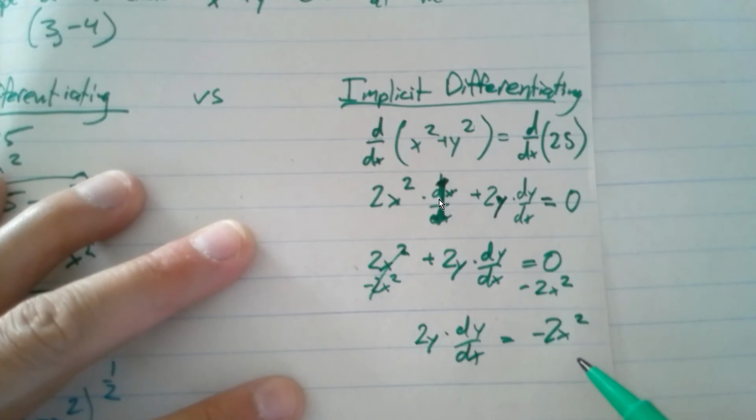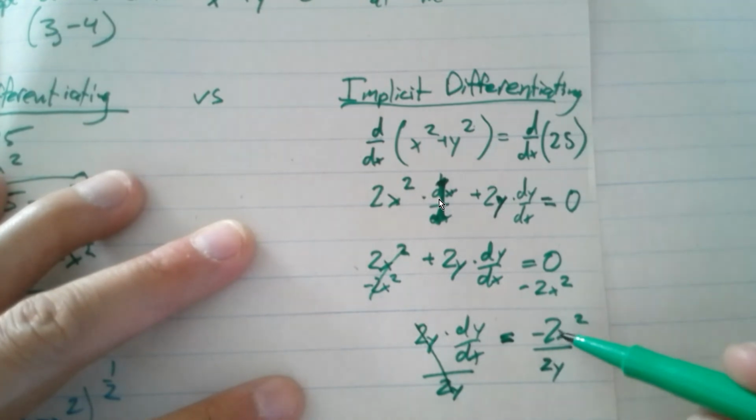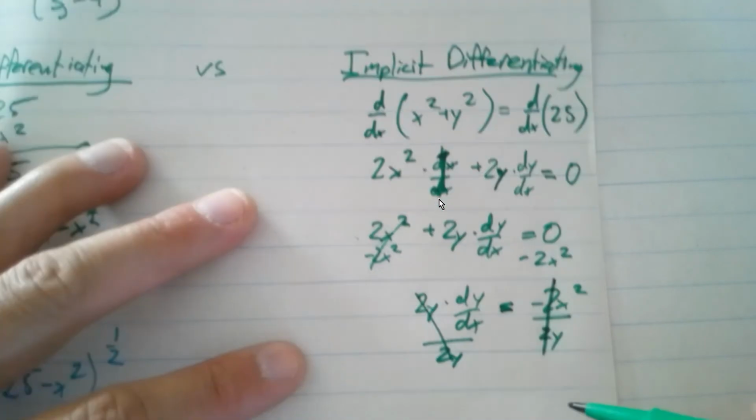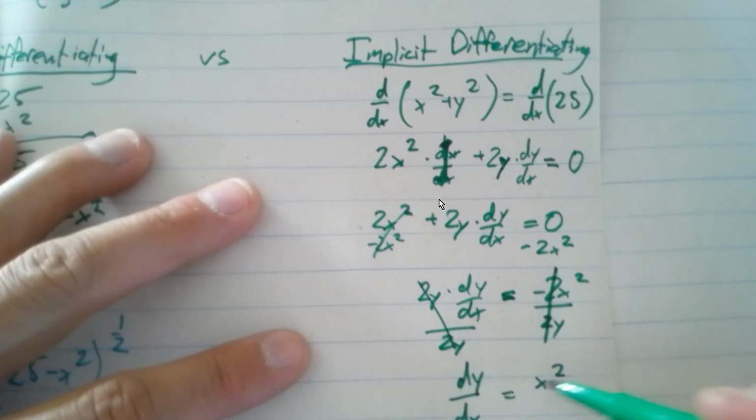How can I get rid of the 2y from this side? You divide. And then whatever I do to one side to keep this an equal statement that is true, you must divide the other side by 2y as well. And both the numerator and denominator have a factor of 2 that can be factored out. So you're left with this, dy over dx is equal to x squared minus x squared, or negative x squared over y.